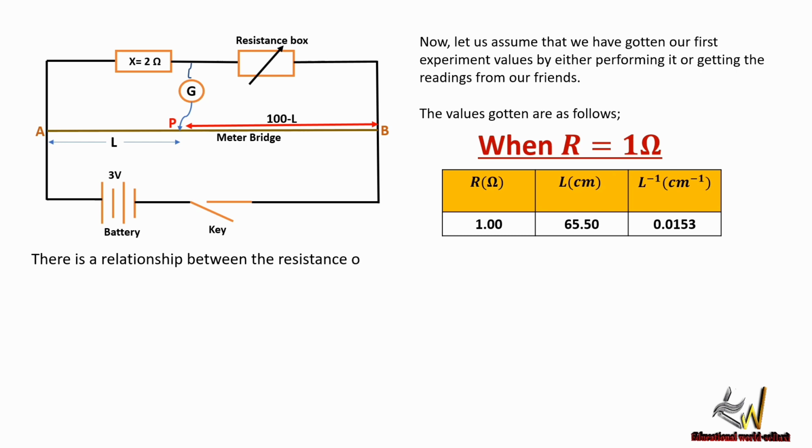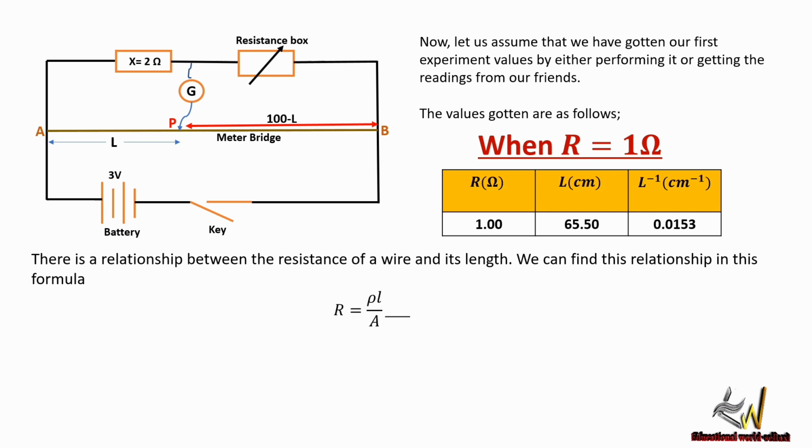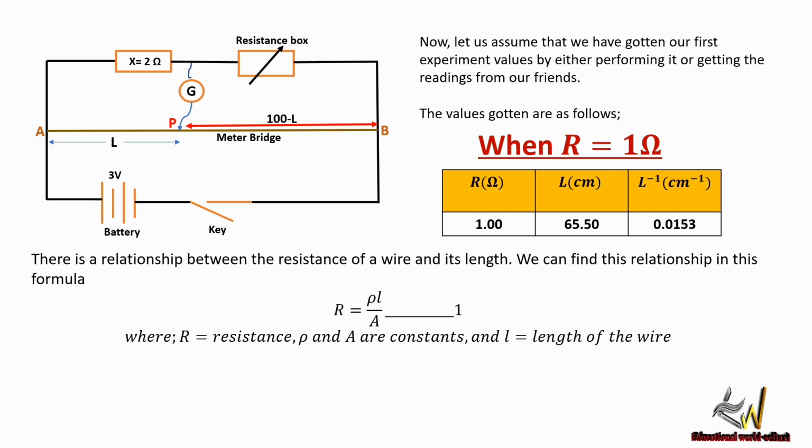Okay, now there is a relationship between resistance of a wire and its length, and we can find this relationship in this formula. R is equal to rho L over A, where R is equal to the resistance, rho and A are all constants, and L is the length of the wire.